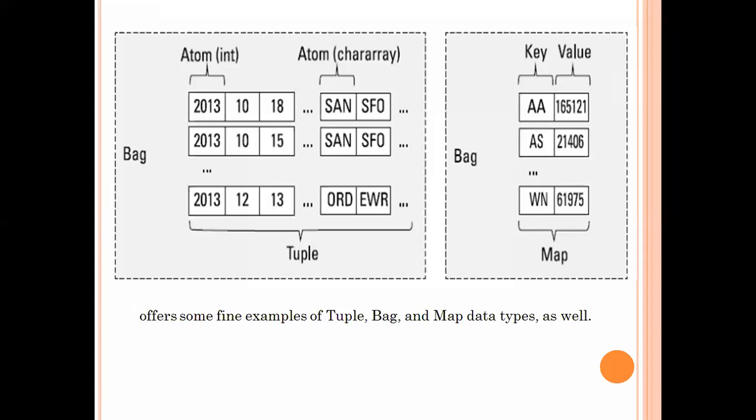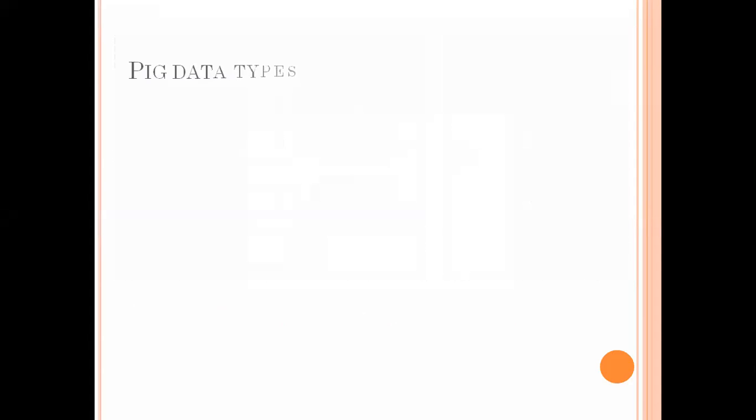Similarly here the data types are of two types: one is a scalar type, another one is a complex type. In a scalar type, a single atom is known as a scalar, and the multiple things which we have in the data type may be bag, tuples, and maps also. Okay, so this is about data types.